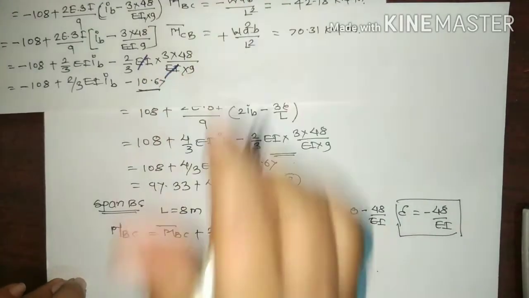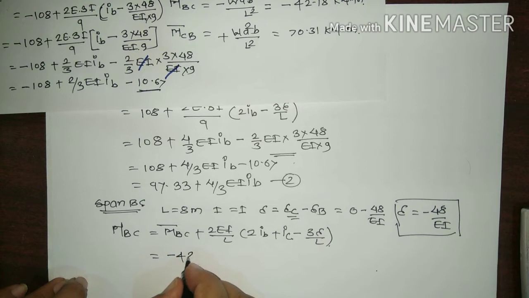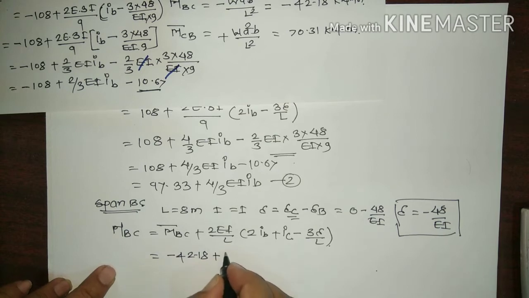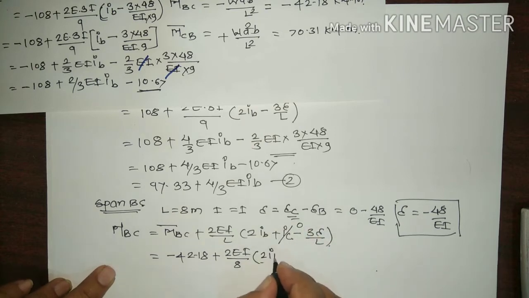Minus 42.18 plus here 2EI is equal to I. L is the 8 meter. So in bracket here we know this θC is 0, twice θB minus 3 delta by the L.